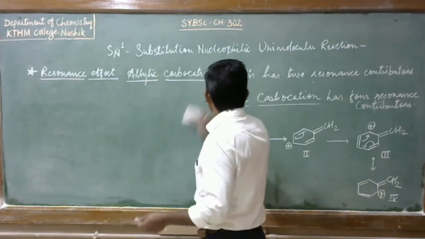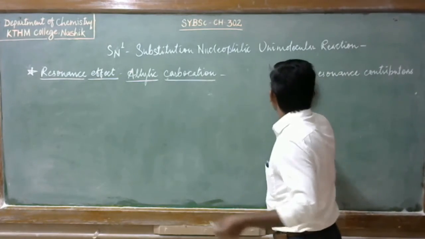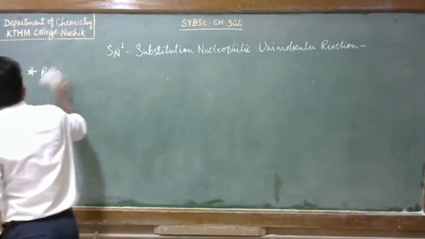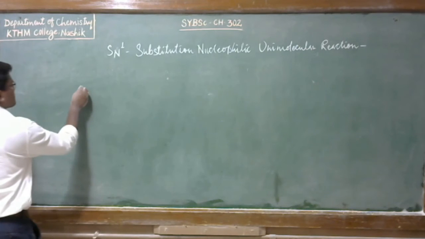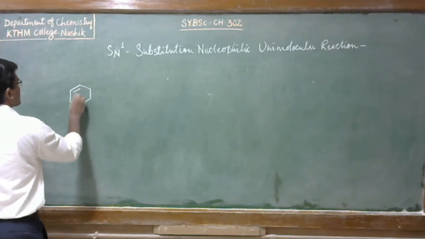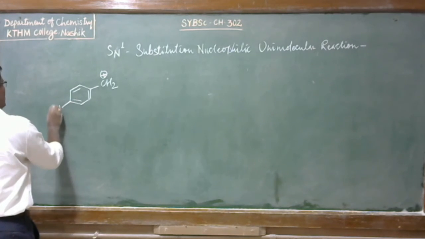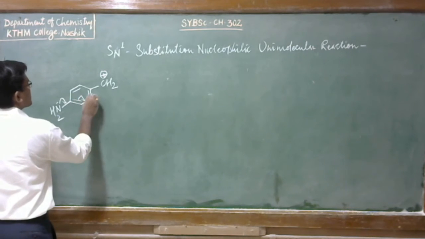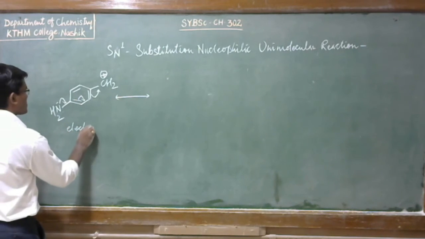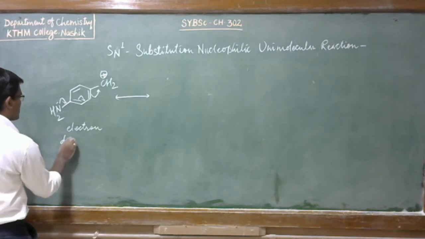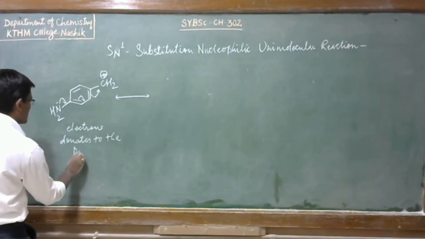If the donating group increases the rate of the reaction, for example, suppose we have this carbocation plus, it donates electrons to the positive center.